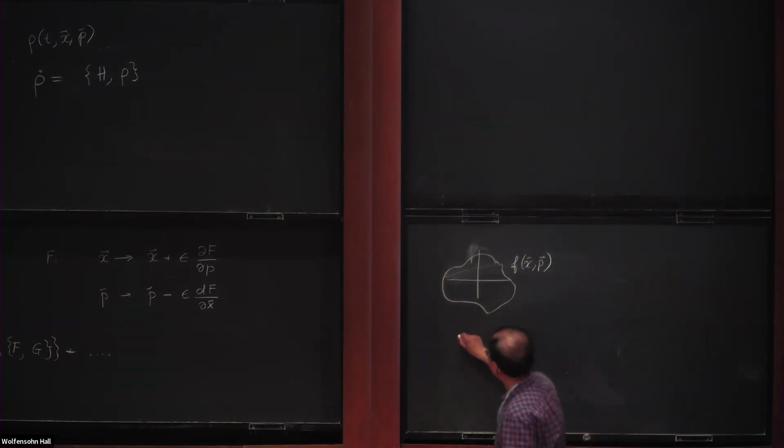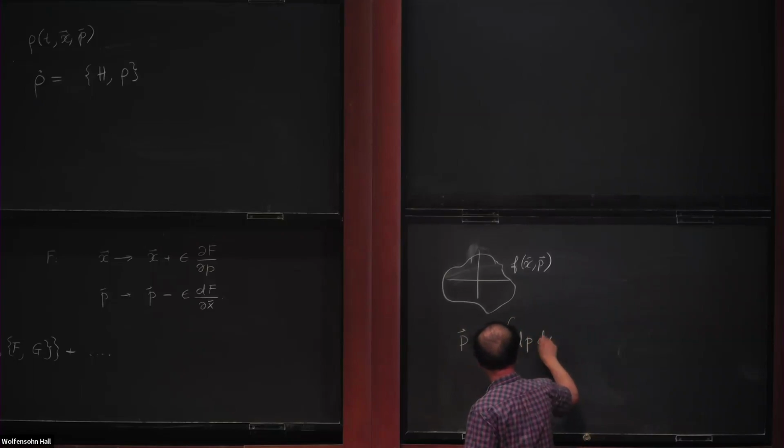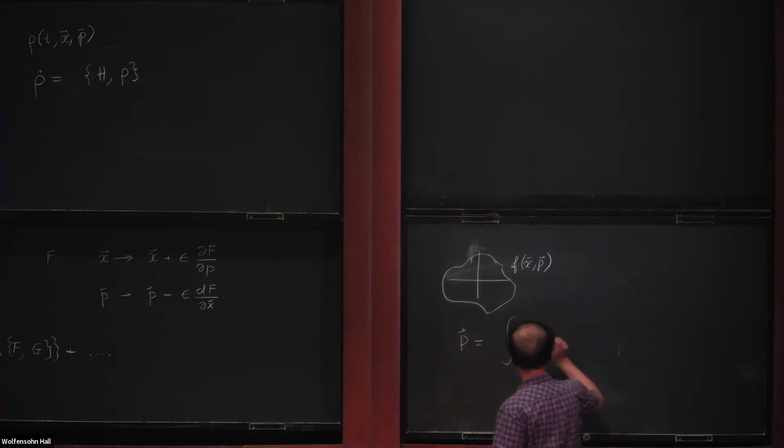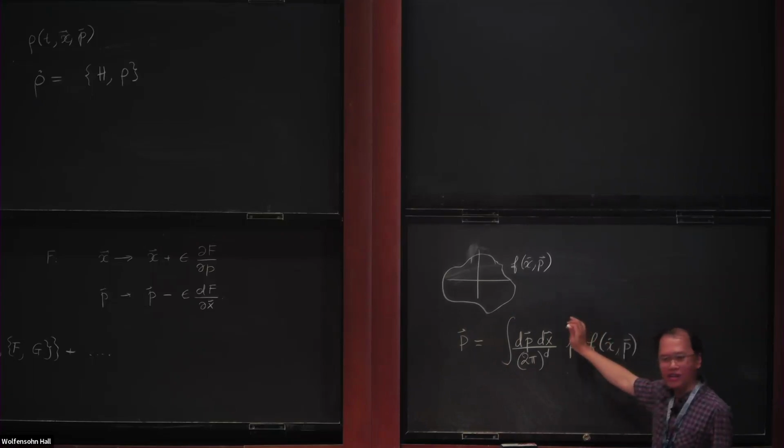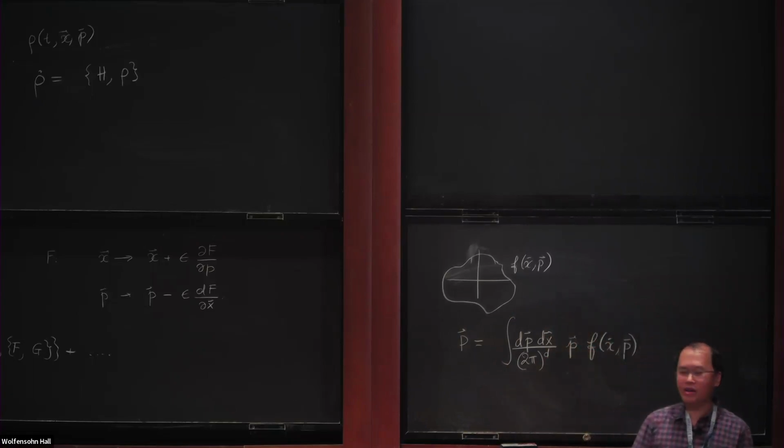The total momentum P of the system is equal to the integral over dp dx over 2 pi, times the momentum of each particle p and the distribution function f of x and p. So integrating over p, I get the momentum density at the point x, and then I integrate over x, I have the total momentum of the system.